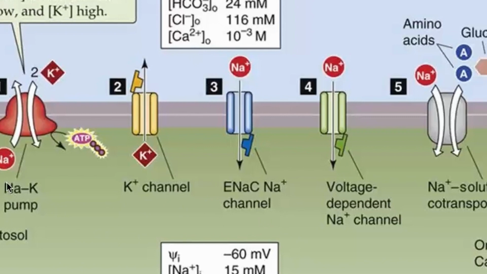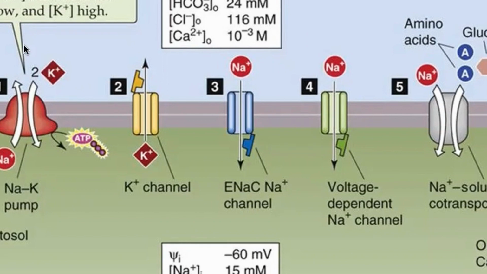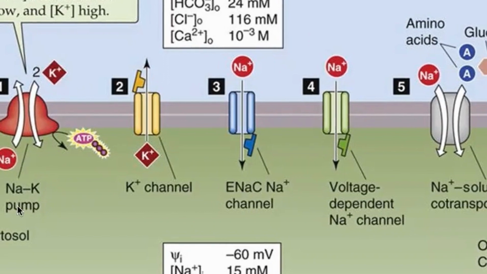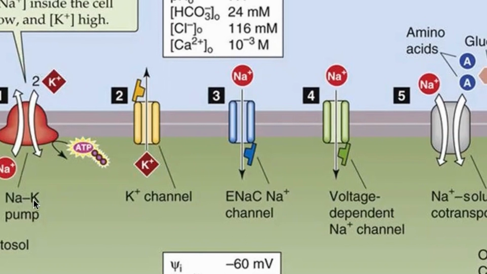So the pump will pump out 3 sodium ions while it exchanges that for 2 potassium ions. So with this pump, 3 sodium will leave, and for every 3 sodium that leave, 2 potassium comes in. You also have potassium channels that are separate from the sodium-potassium pump.